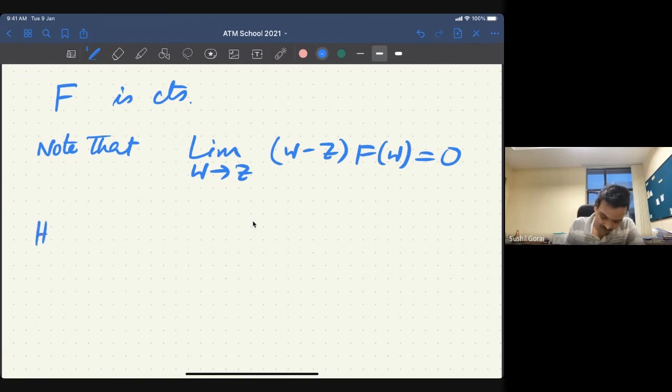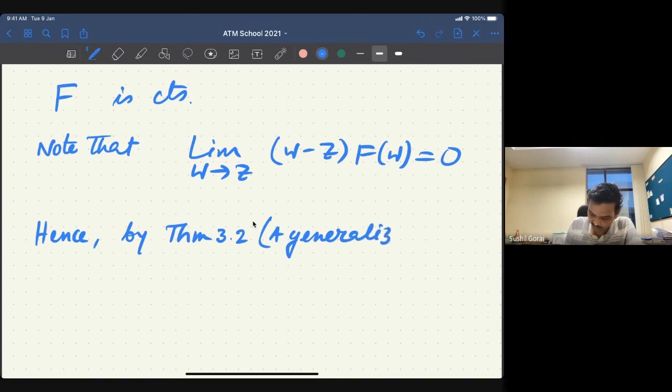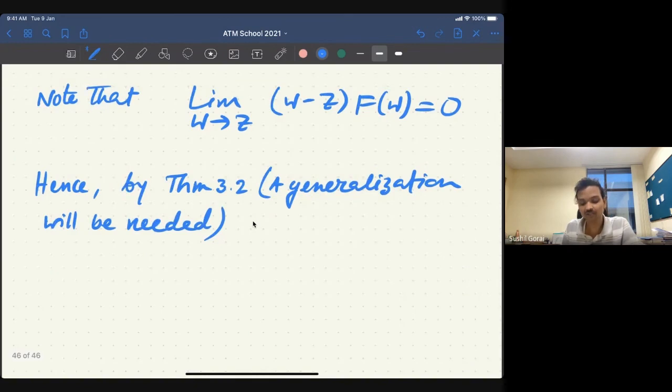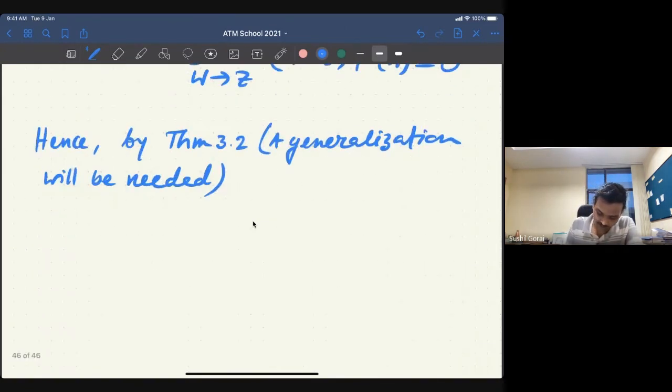So hence by the theorem, which is a generalization of whatever we proved, I think 3.2, a generalization was needed. After we prove Cauchy's theorem for a disk and any curve in the disk, you can do the same way.